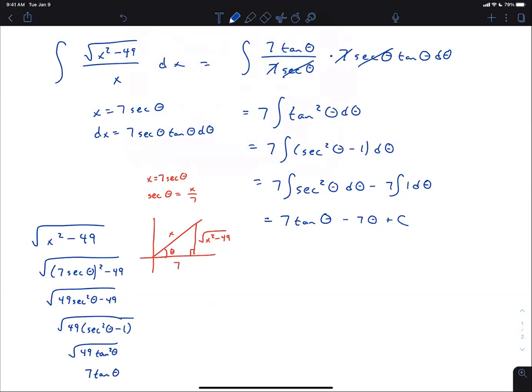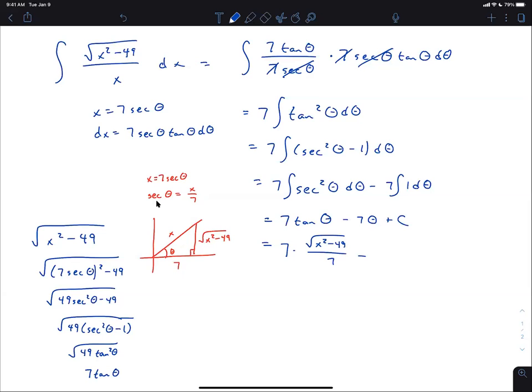And then to go back to x, we read tangent off the diagram. Tangent is y over x, or opposite over adjacent. So it's the square root of x squared minus 49 over 7. And then when you have theta not in a trig function, then you use inverse trig to write what theta is.